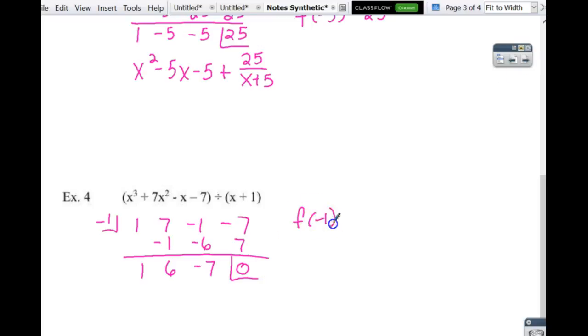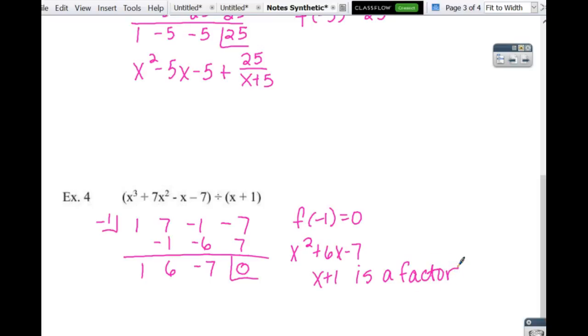So f of negative 1 equals 0. It is a root, and so that's what's left. For the answer, you want both of those as f of whatever, and then x squared plus 6x.